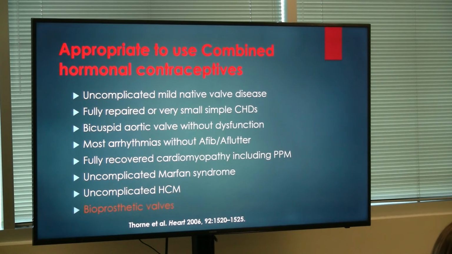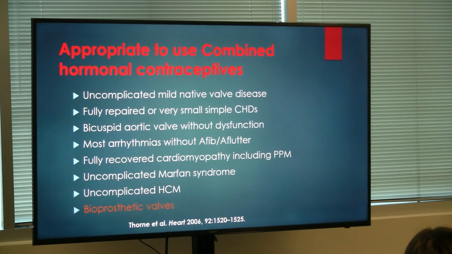Most arrhythmias without atrial fibrillation or flutter, because if you have atrial fibrillation or flutter, you can cause risk of thromboembolism. Fully recovered cardiomyopathy, including peripartum cardiomyopathy. Uncomplicated Marfan syndrome without any aneurysm. And uncomplicated hypertrophic cardiomyopathy without the enlarged left atrium.